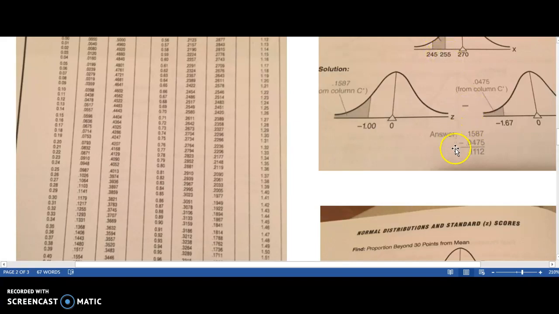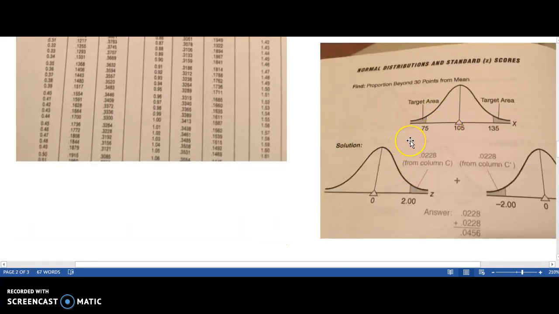So I subtract those values to get 0.1112. That is the proportion of the population that falls within this range of 245 to 255, or roughly 11%.